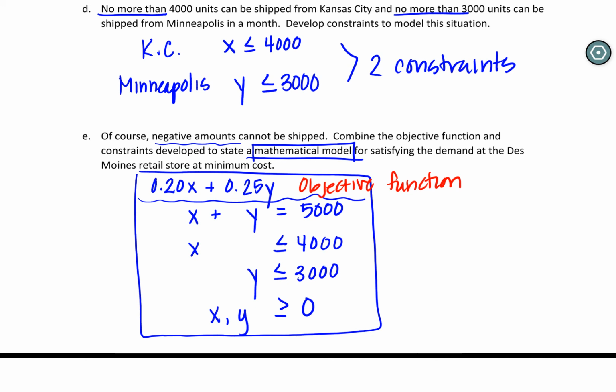It is subject to, so ST, subject to these 4 constraints. From here, we can either calculate this by hand, figure out what X and Y equal, or we can use Excel and find exactly what should go in each spot. How much should we get from Kansas City? How much should we get from Minneapolis?